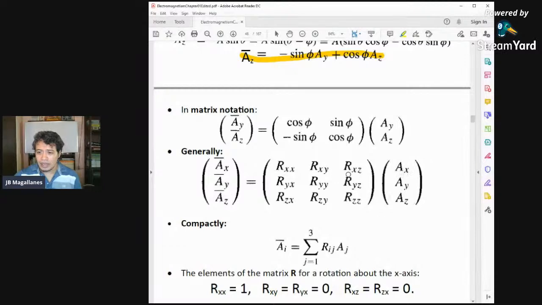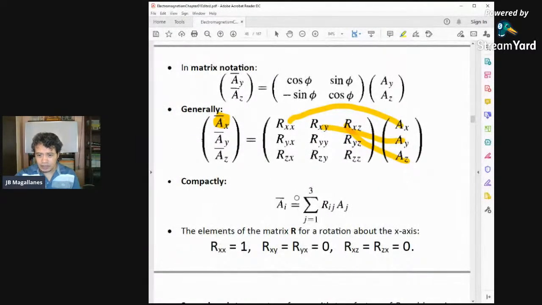So AX will be multiplied here, and AY will be multiplied here, and that will give you AX bar. And compactly, you can write it in summation form. So instead of writing the matrix, you can write it like that.